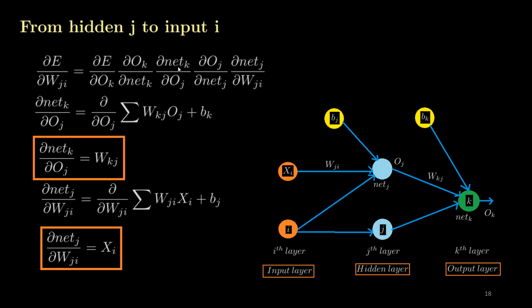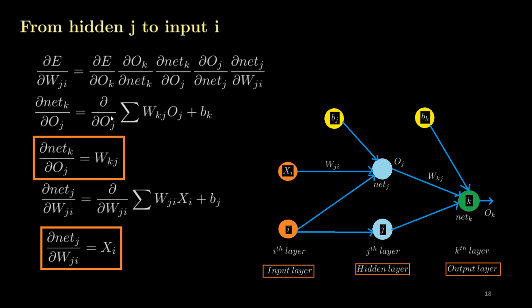First of all, we should know the equation of net k. In the lecture on forward propagation, we learned how to calculate the equation for net k. That is the equation we obtained during forward propagation. We have to take the differentiation of that equation with respect to Oj.